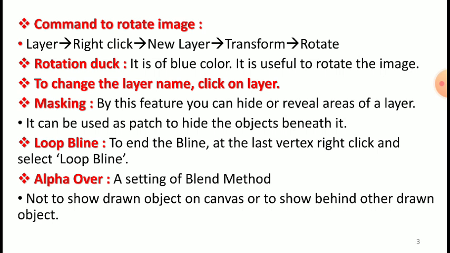So this is masking, which I have discussed earlier. Loop spline: to end the spline at the last vertex, right click and select Loop Spline. Next is Alpha Over. Alpha Over is a setting of the blend method, not to show the drawn object on the canvas or to show it behind other drawn objects.